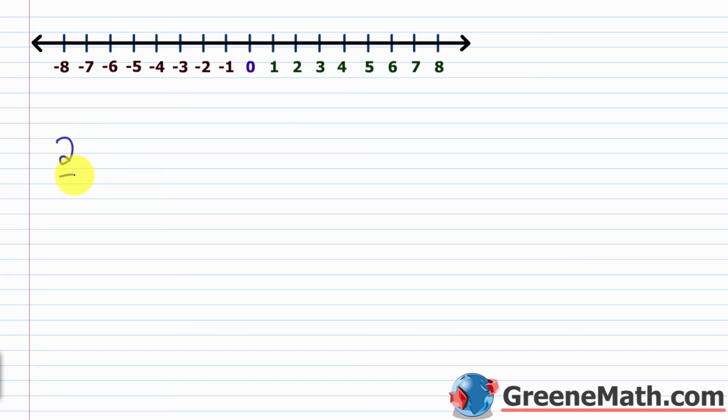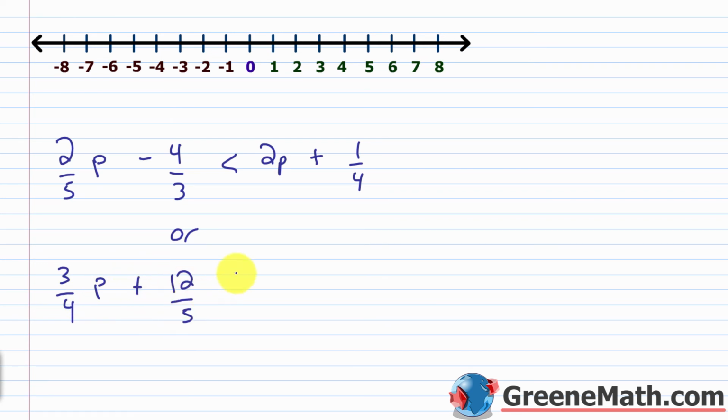So again, I had 2/5 p minus 4/3 is less than 2p plus 1/4. Or the other one was 3/4 times p plus 12/5 is less than or equal to 6/5 p plus 3/2. Now for this guy right here, we found that p was greater than negative 95 over 96.